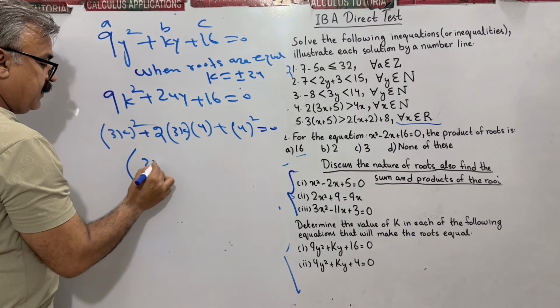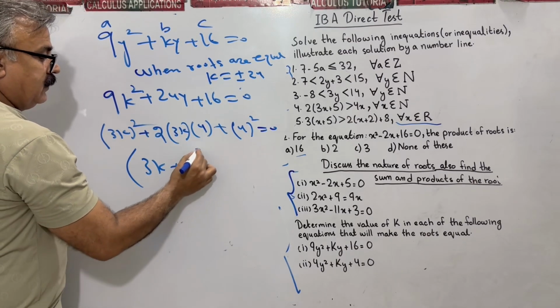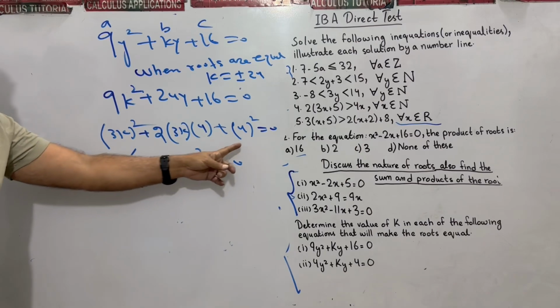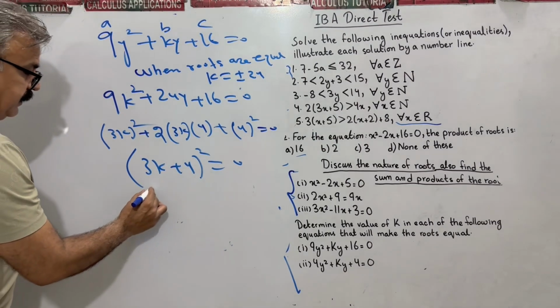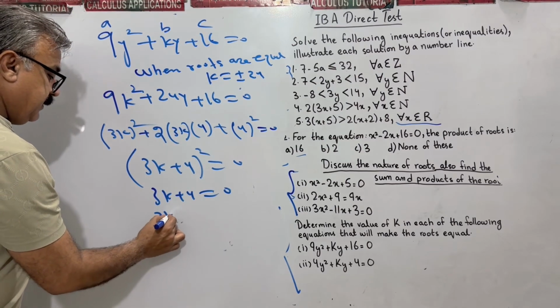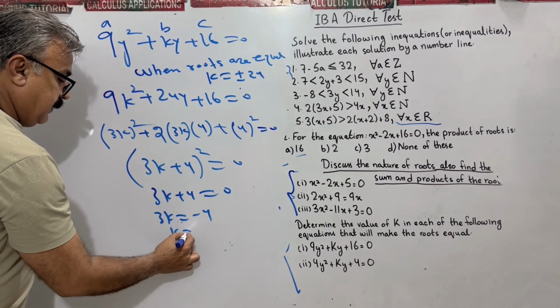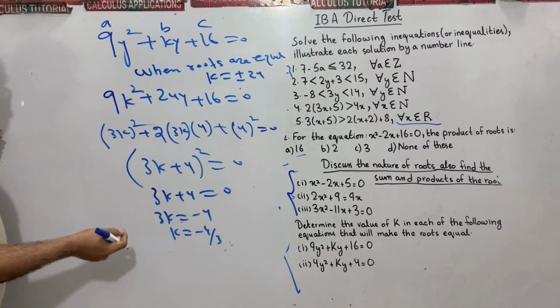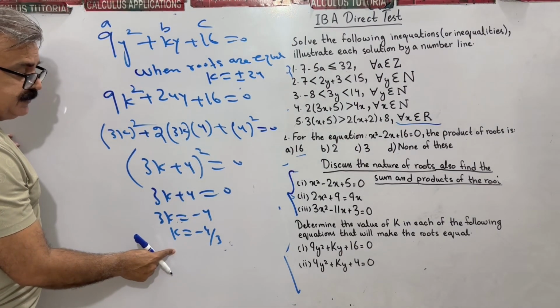It is the complete square formula: 3y plus 4 whole square is equal to 0. Taking the square root, I have 3y plus 4 is equal to 0, or 3y is equal to minus 4, so y is equal to minus 4 upon 3. In that case, I have gotten only a single root.